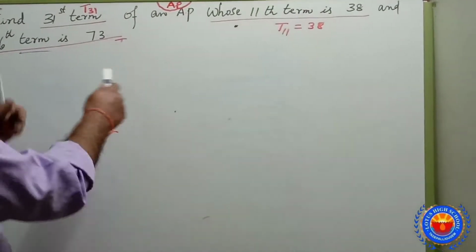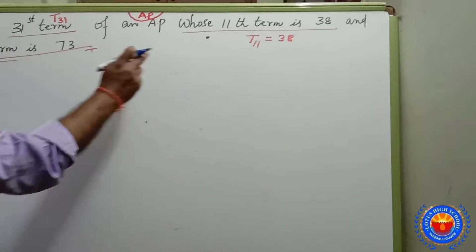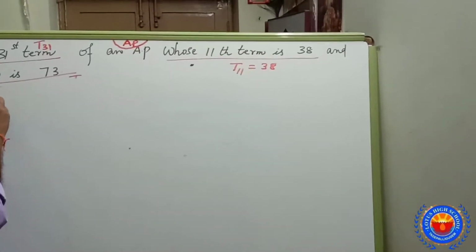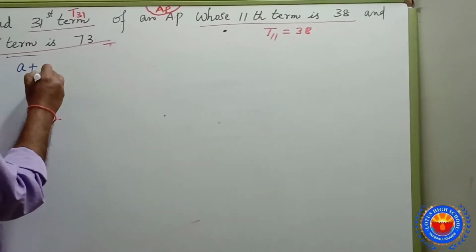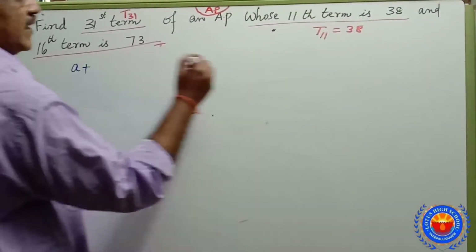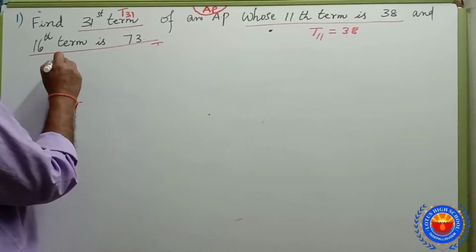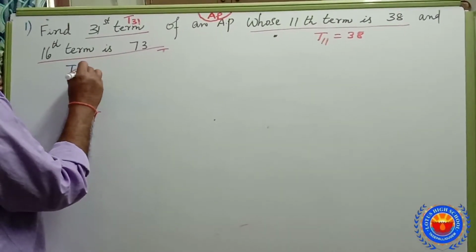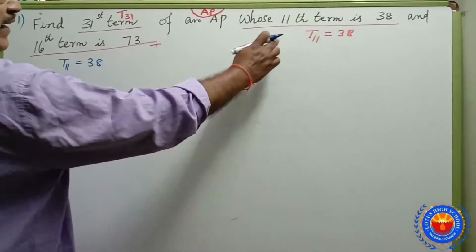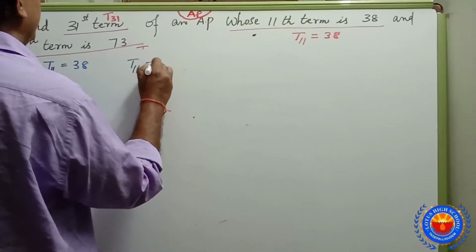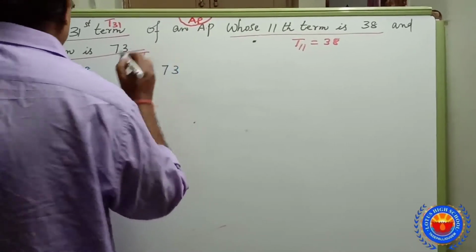First, find the 31st term. Whose 11th term is 38, T11 is equal to 38, and the 16th term is 73.